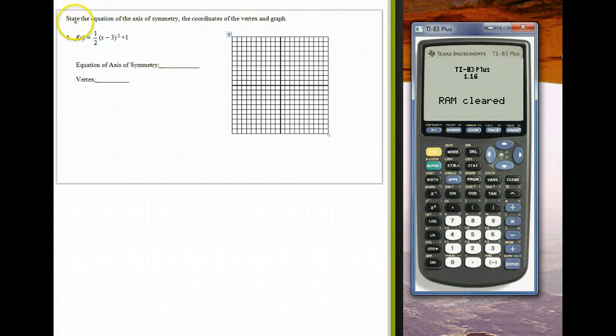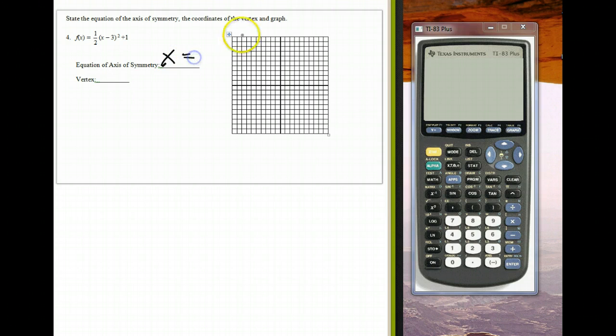Finding the axis of symmetry is actually very easy, especially if it's given to you in vertex form, because basically all you write is x equals 3. It's because the x coordinate is whatever makes that equal to 0.